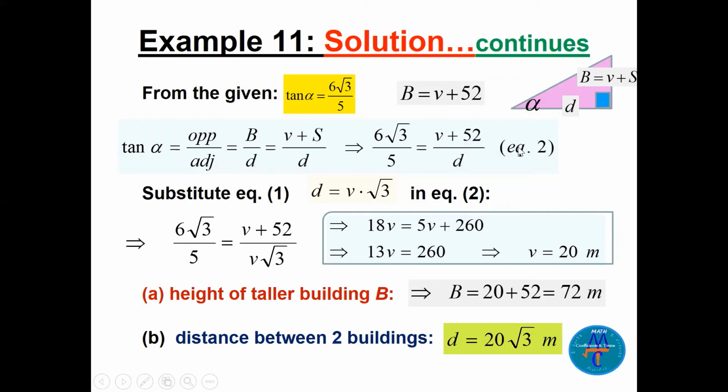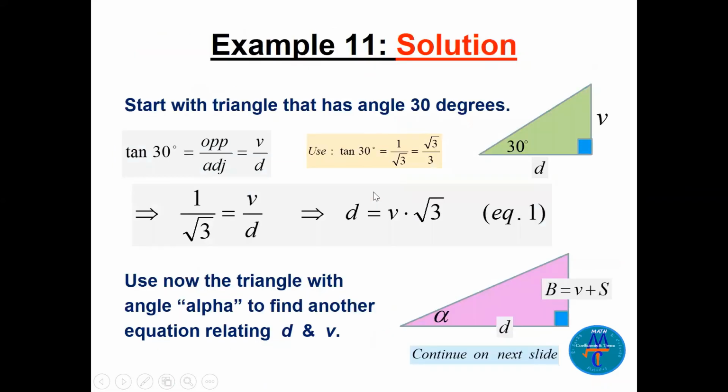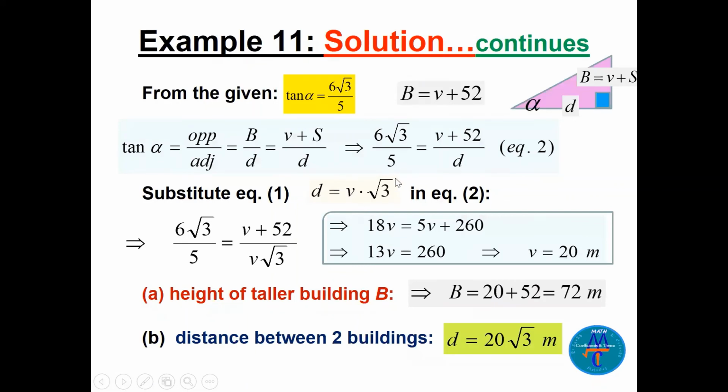This is equation 2. Now let's substitute equation 1 there, D equals V square root of 3. I will show you equation 1 here. This is equation 1. D equals V square root of 3. Replace it there in the D. Now we have this equation: 6 square root of 3 divided by 5 is equal to V plus 52 divided by V square root of 3.